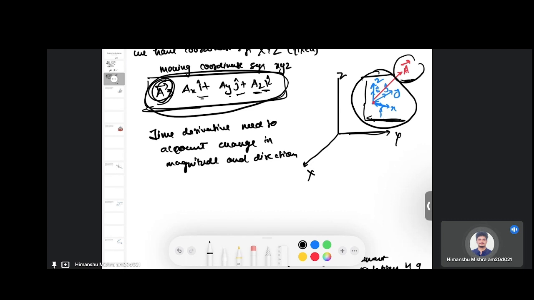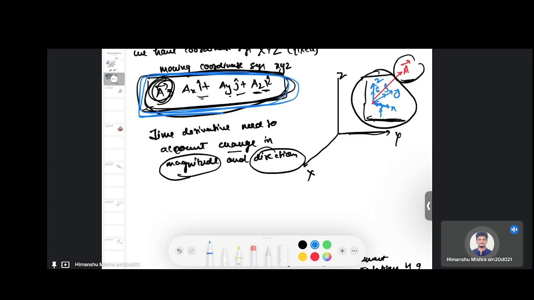If I take the time derivative of this vector, it should account for the change in magnitude and change in direction both. But since I have defined this vector in the moving frame, and the frame is moving, which means the frame is changing direction, this vector is changing direction with the frame. So it will only account for the change in magnitude.